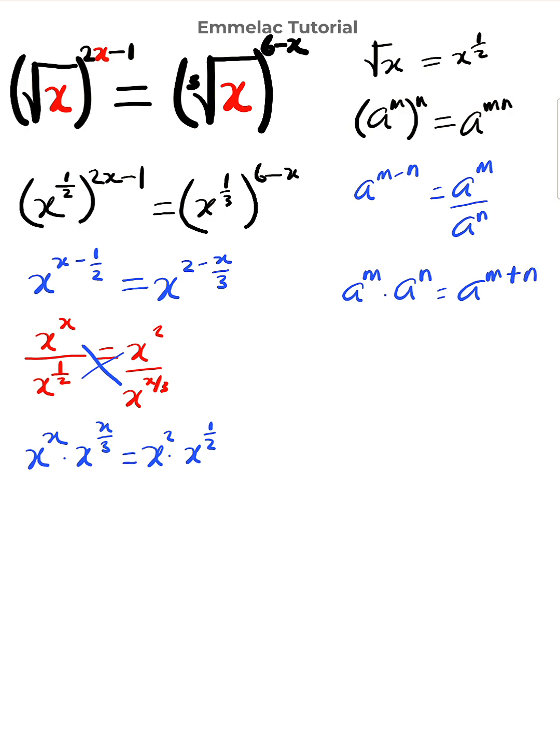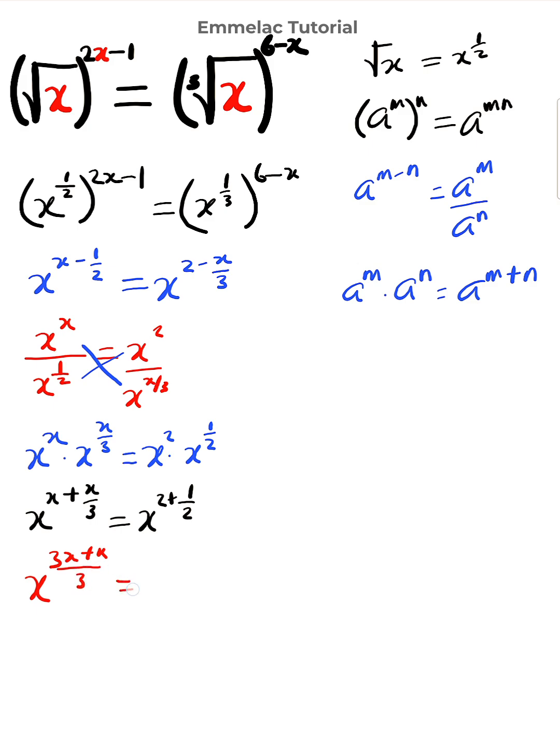Applying this rule to both sides, we get x raised to x plus x over 3 equals x raised to 2 plus 1 over 2. If we simplify this, we end up having x raised to 3x plus x over 3.